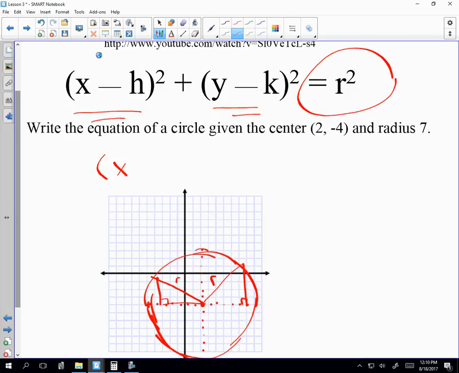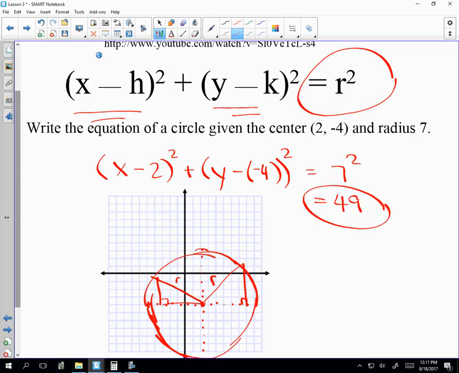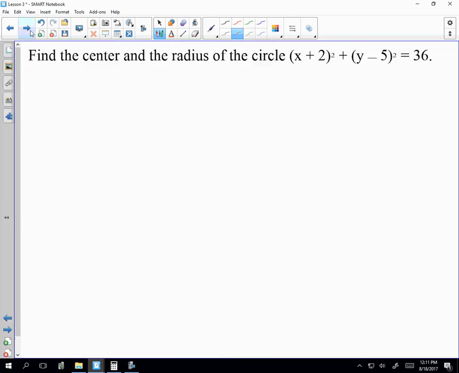So we have x, because we don't know what the value is, we're going to have to find those values at times, minus our x central value squared, plus y, minus our y value of the center, equals our radius of 7 squared. And what we always want to do is we want to turn that into a whole number as quickly as we can.